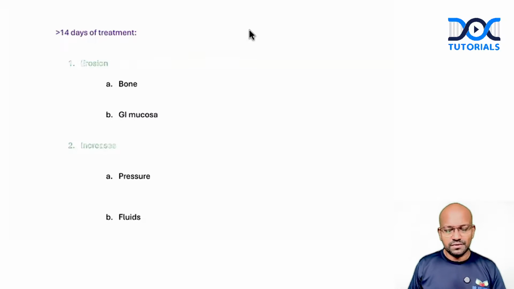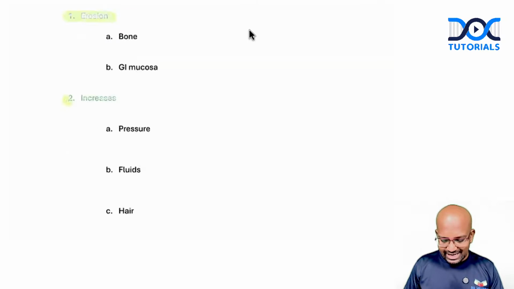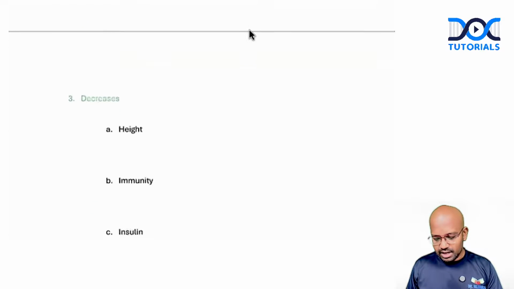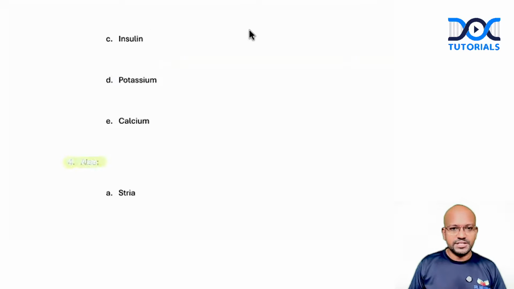Usually it's a bigger issue. So how I remembered is that all of the adverse effects can be classified into four major subheadings. These steroids will produce erosion of something in the body, increase something in the body, decrease something in the body, and certain other adverse effects.